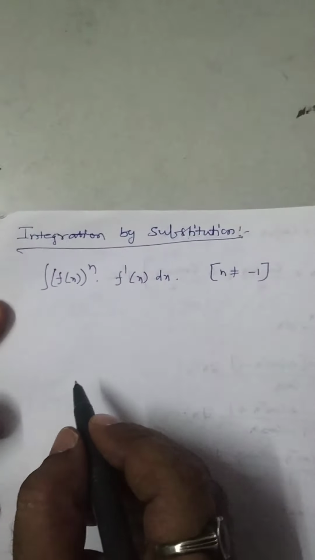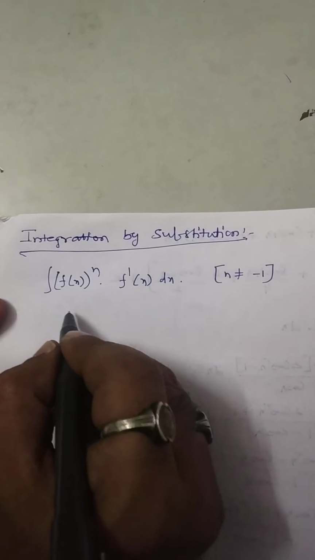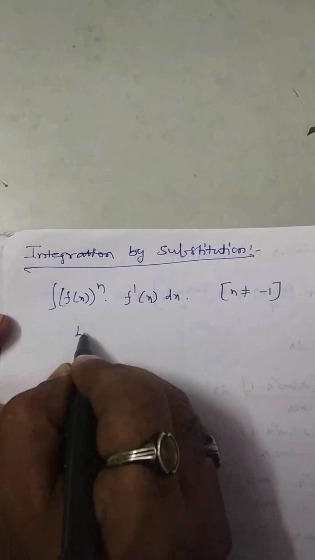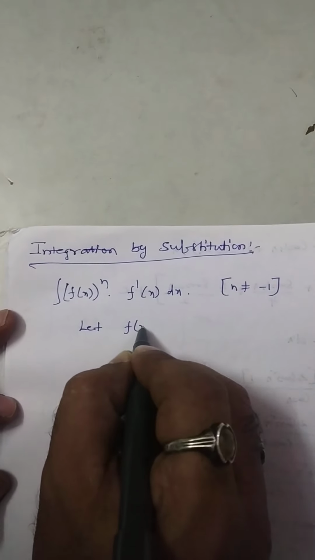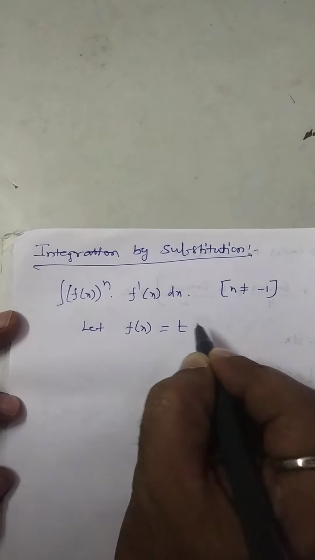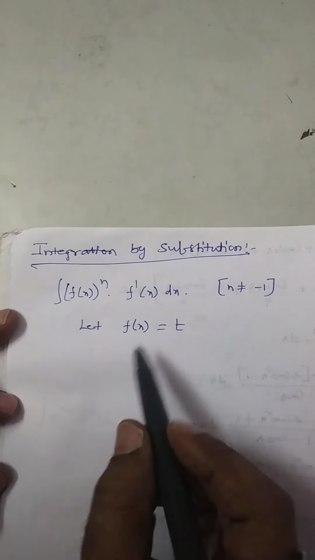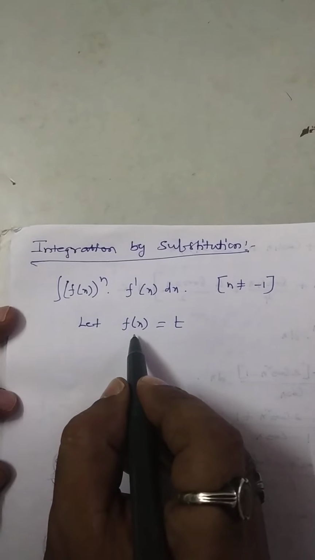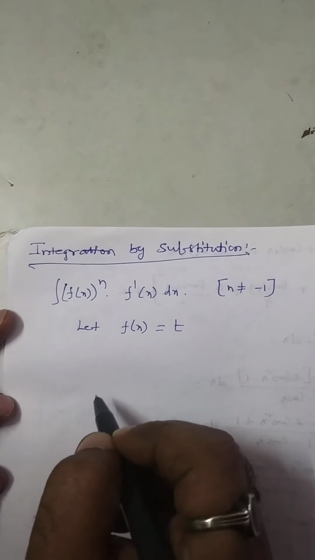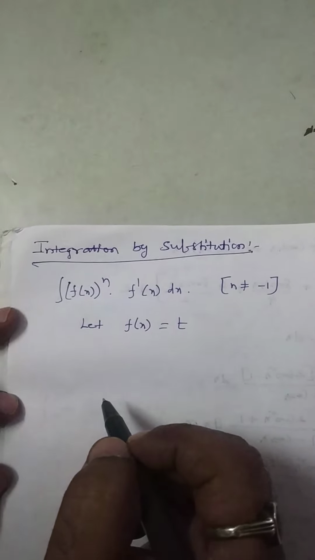Then here, simply by assuming that f of x is equal to some t, we are substituting here. The method itself is what? Substitution method. So here we are substituting f of x is equal to some t, some other function we are taking.